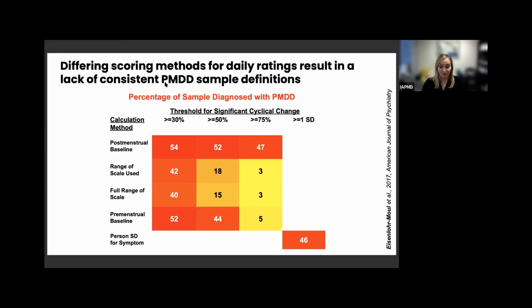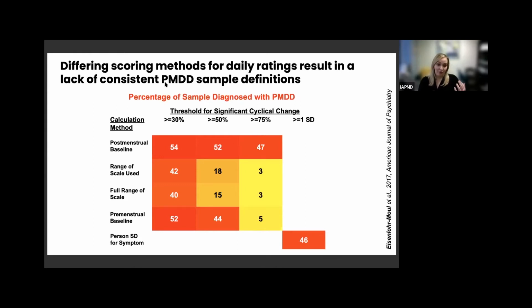Still other great studies use the person's standard deviation of that symptom. So really wildly different ways of calculating percent change, but then also differing thresholds. So 30%, greater than or equal to 30%, 50%, 75%, one standard deviation.